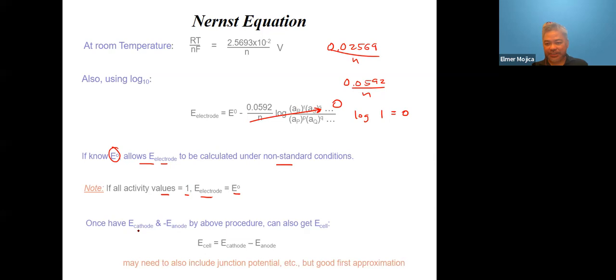Now, once you have the potential of the cathode and the potential of the anode, you can also get the potential of the cell. And here, you may also need to include the junction potential, but we just put some sort of approximation here.